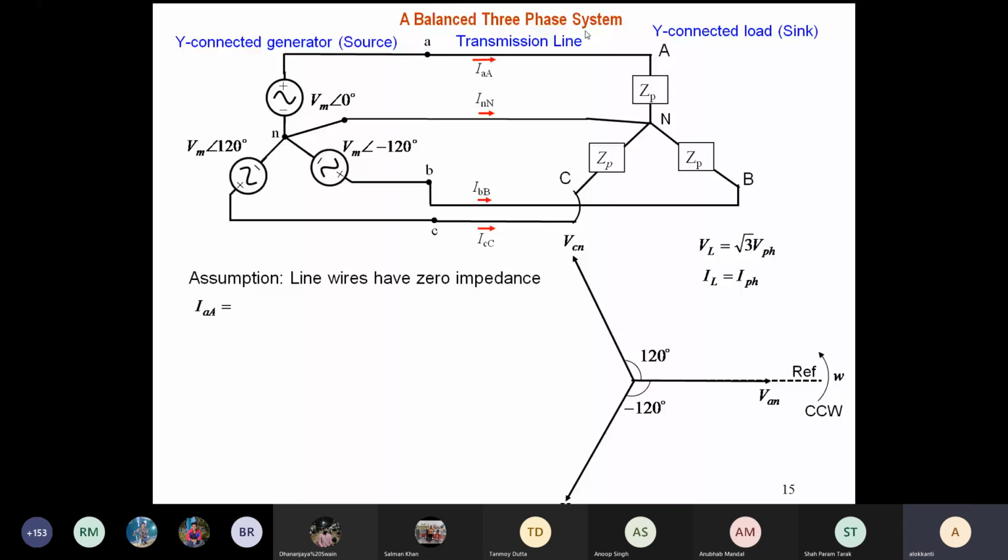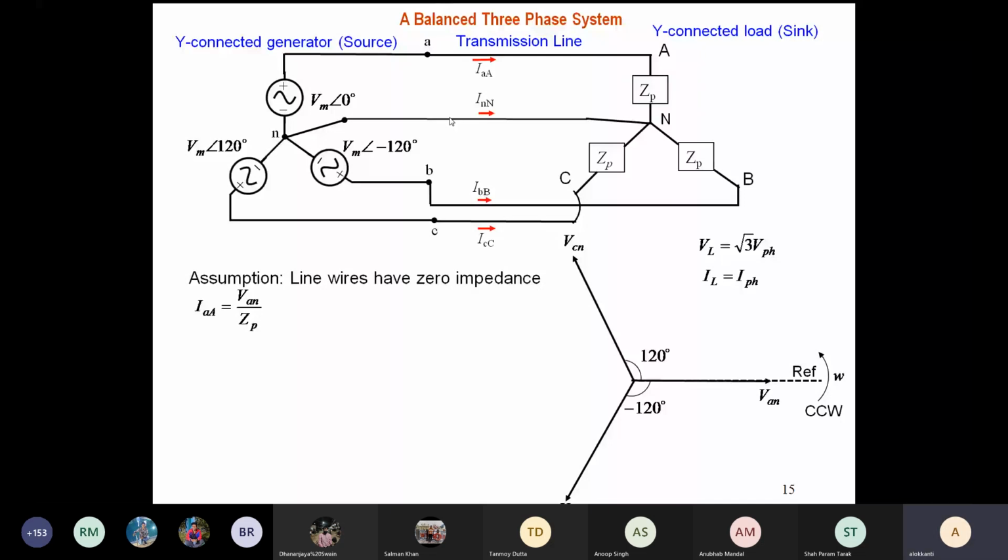Due to this impedance, IAA will lag the A phase voltage. IAA is equal to VAN by ZP. The angle of the phasor IAA will be decided by the angle of ZP.